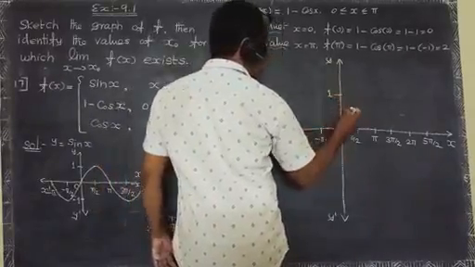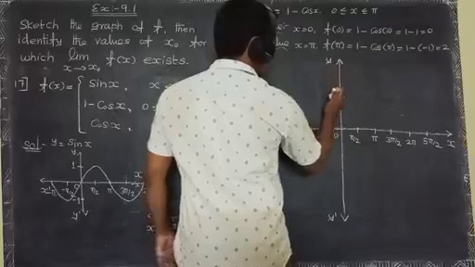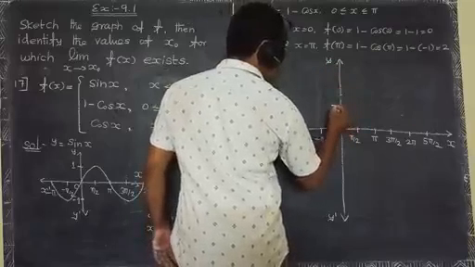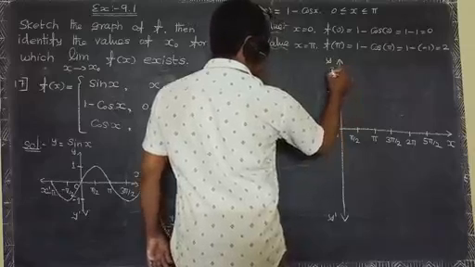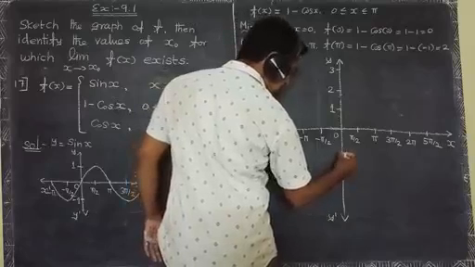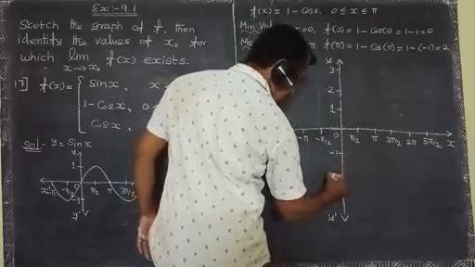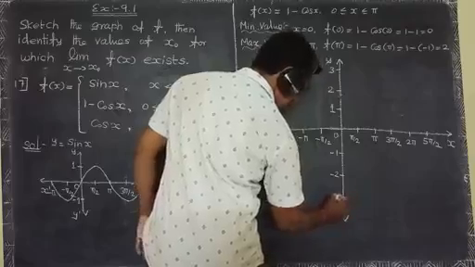This is 1, this is 2, this is 3. Here minus 1, minus 2, minus 3.